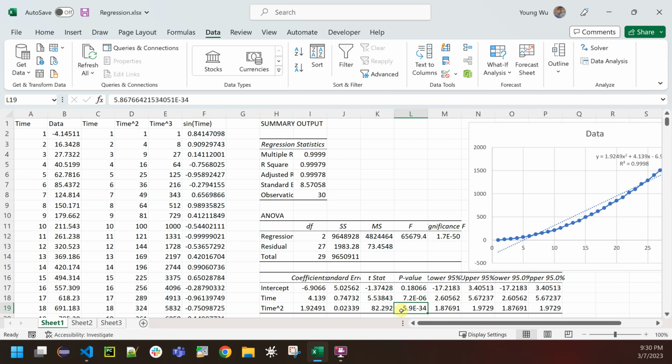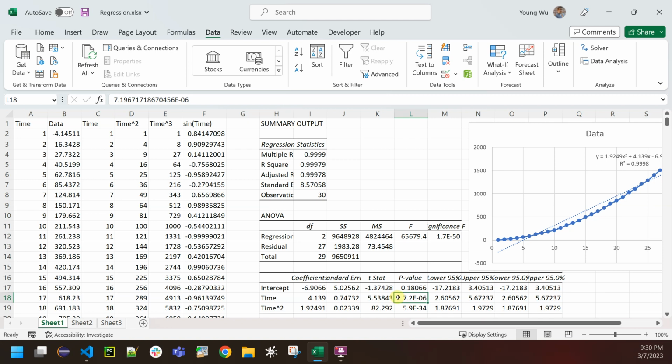And here it says it's also very unlikely that there is no quadratic trend. If this number is large, more than 0.05, then it probably means there's no quadratic trend. And here it's 0.000, 34 zeros and 59, very small as well.